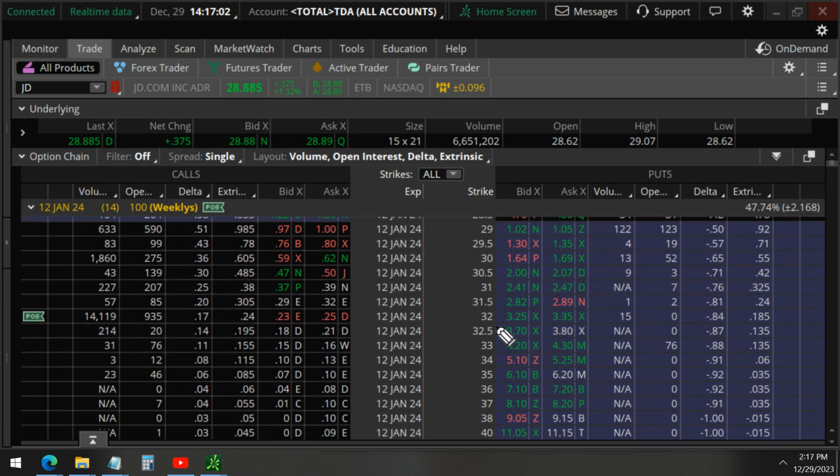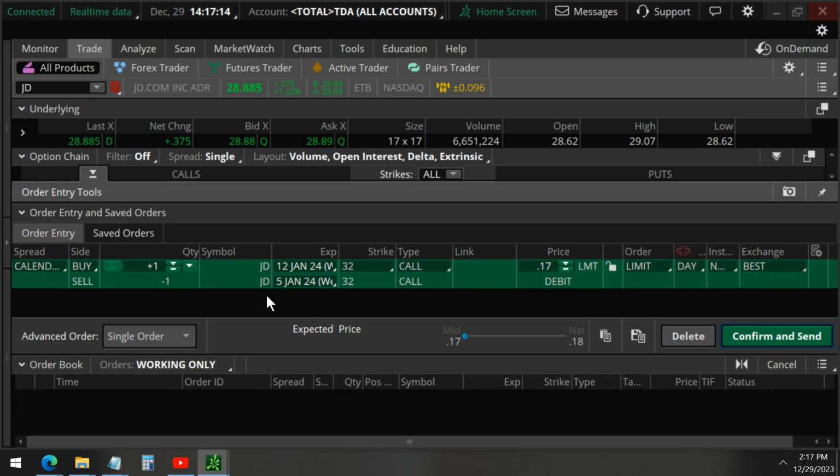You can see here 32 strikes, also 14,000, open interest much less. Okay, and so by buying these, we can see here this is a calendar spread, and we know they paid about 18 for each of these.